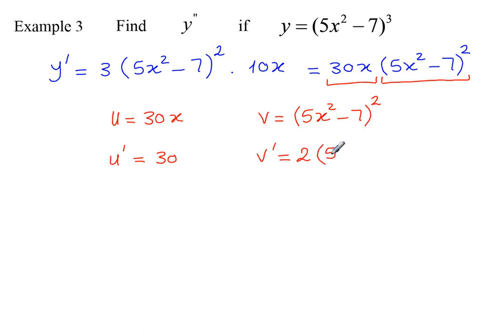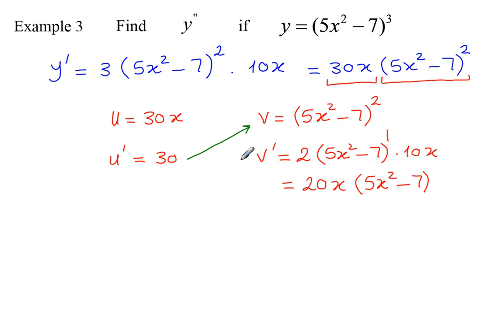So it's 2 times 5x squared minus 7 to the power of 1 times the derivative of what's inside the bracket, which is 10x, and this can be simplified to 20x times 5x squared minus 7. And then remember that the derivative would be u dash v plus v dash u.